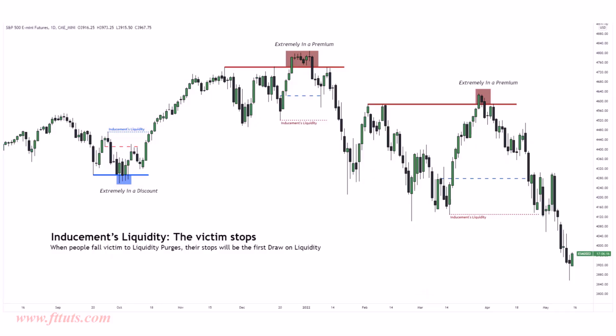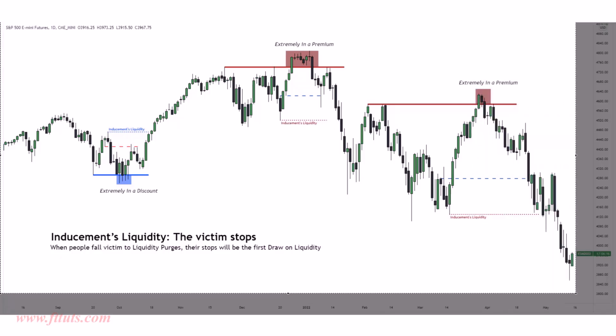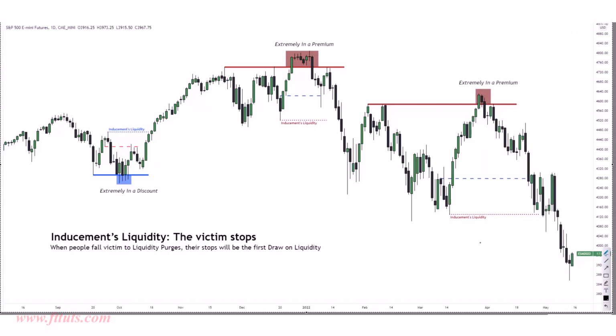So now that we understand the two victims, okay, their stops would be the draw on liquidity, okay? So this move right here is a purge, okay? We have an old low here.